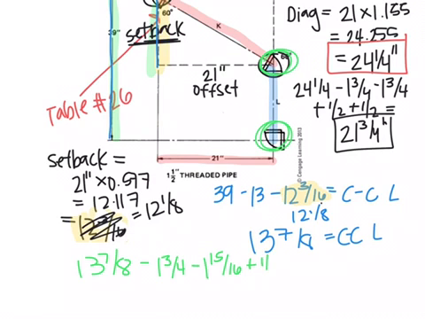Plus, we have to add back our threads on each end. And now our job is to do the math and see if we come up with the same answer as the book. As I plug this in, I am coming up with 11 3/16 inches end to end for pipe L.